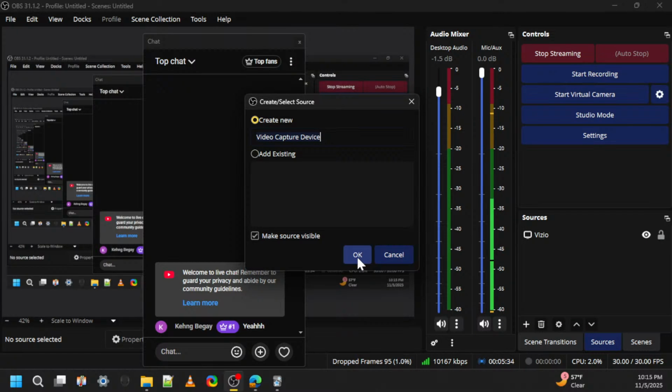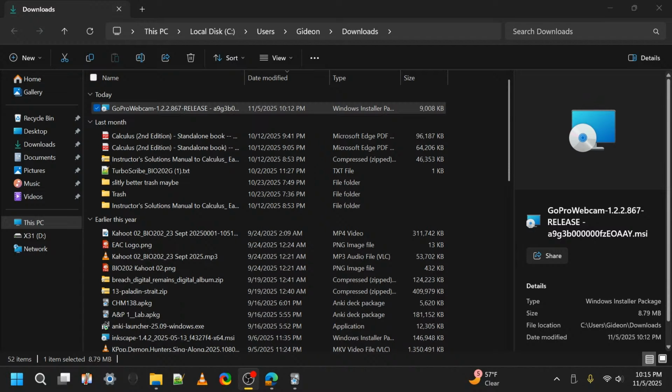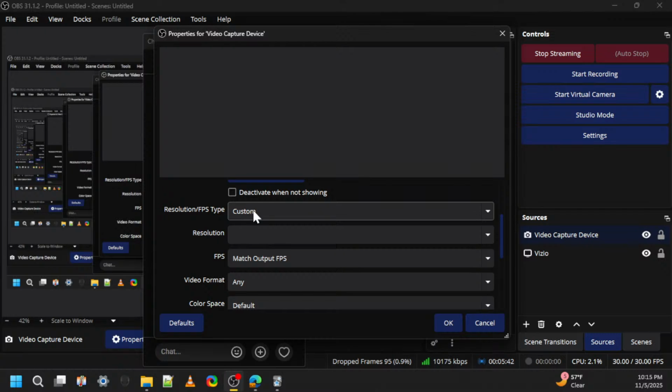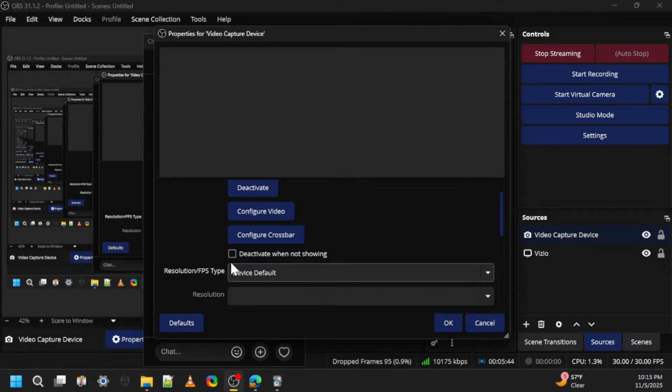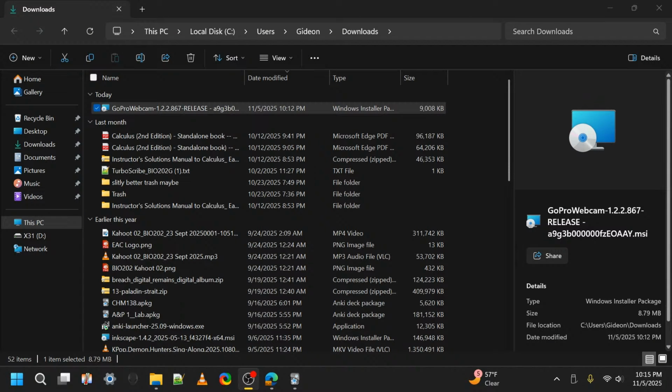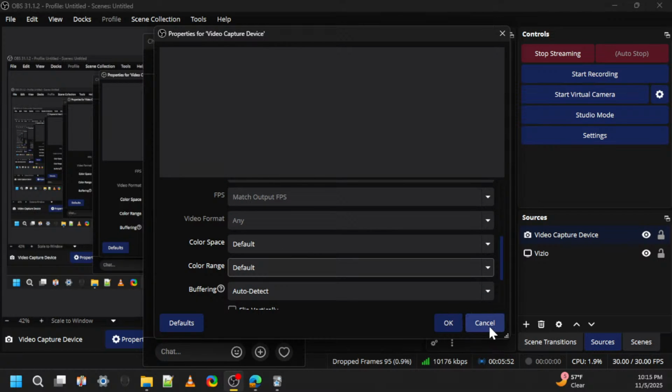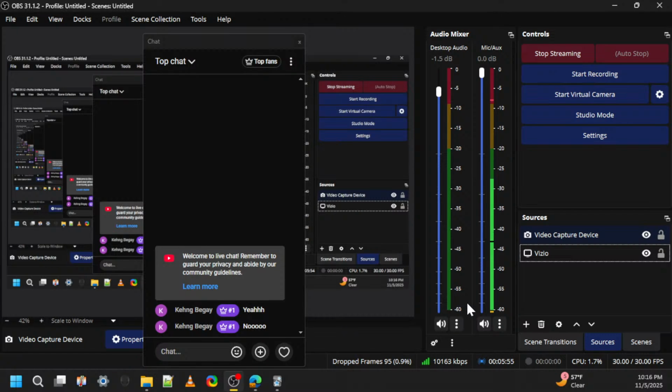It might not work. Custom. Detect. Darn it. I was gonna try and set up my GoPro as a webcam, but it ain't working. That's taking too much time and I gotta study.